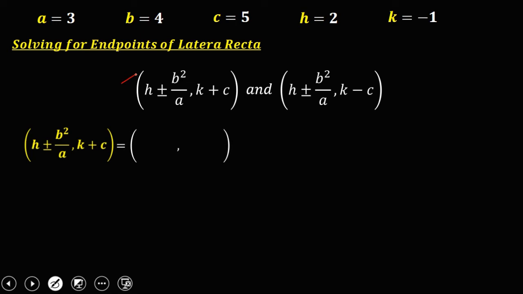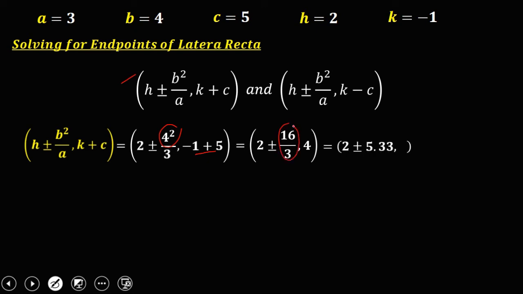So h is positive 2 plus minus b squared, that's 4 squared over a, that's 3. Then k is negative 1 plus c, that's 5. Then simplify this 4 squared, that's 16, and negative 1 plus 5, that's 4. Then this 16 over 3 in decimal, that's 5.33 and 4.